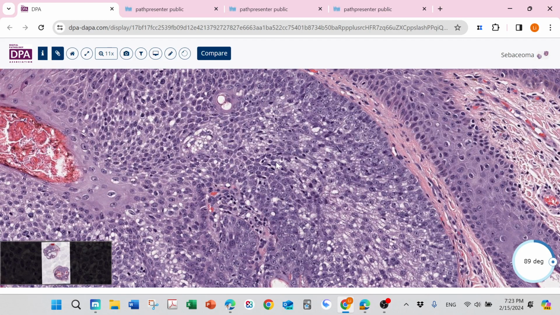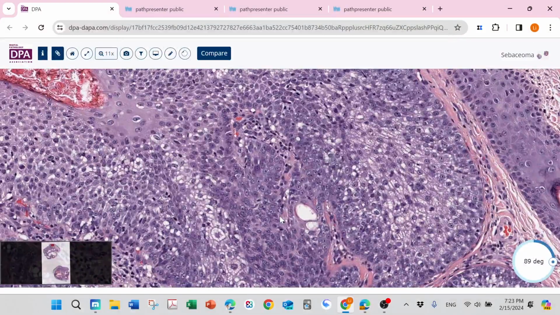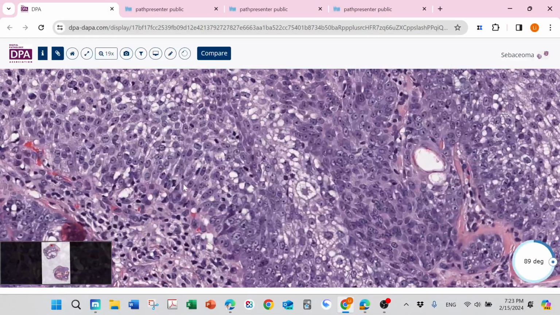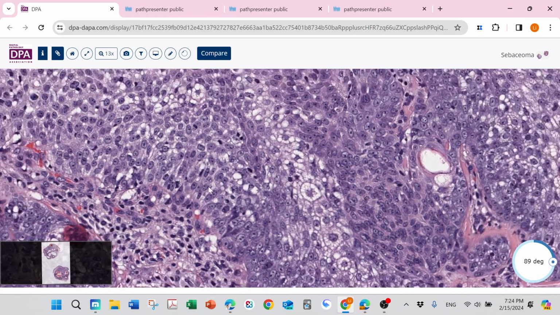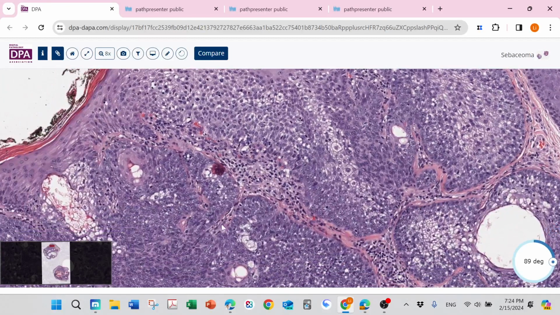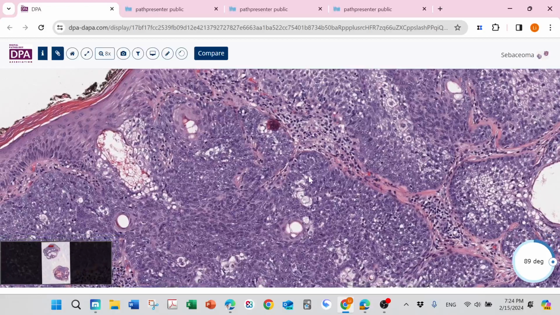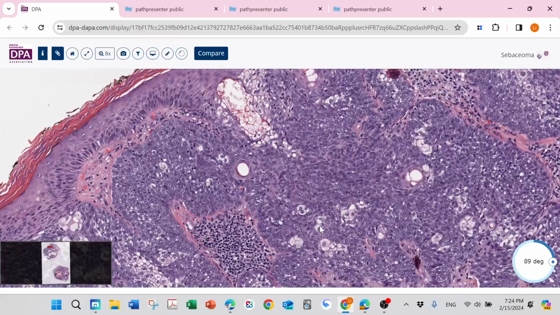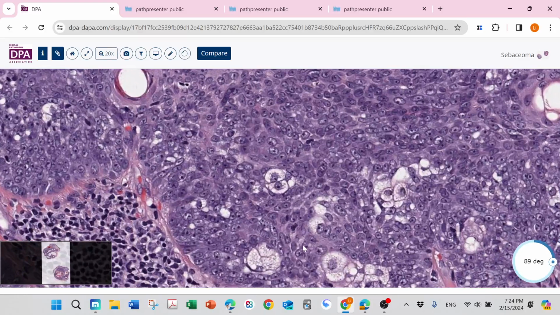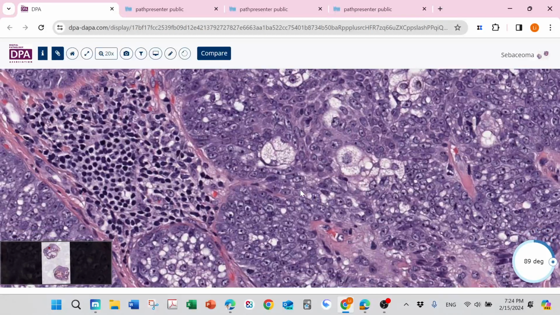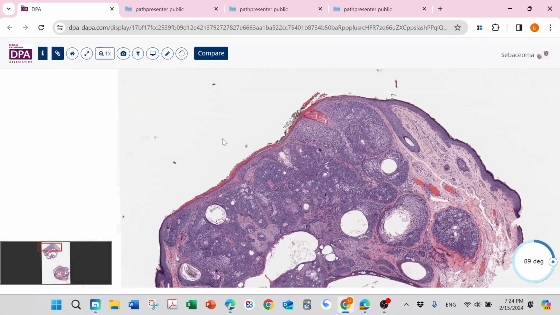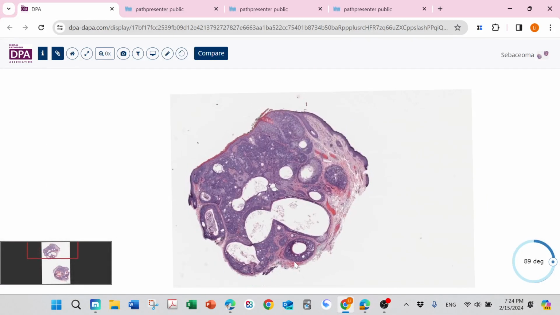We have a little bit of atypia, but not really dramatic. Occasionally you may find a mitotic figure, just like this one, a really clear mitotic figure. But there is no infiltrated growth and no really dramatic atypia, and you should not find any atypical mitosis.